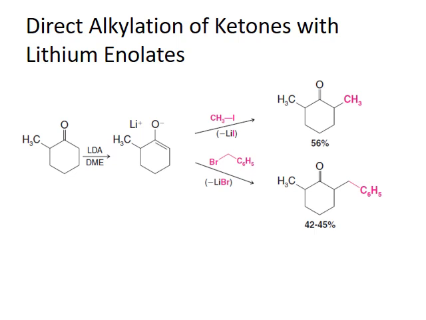If we want to alkylate a methyl ketone at the methylene group, we must use lithium diisopropylamide to obtain the kinetic enolate, and then add the alkyl halide.